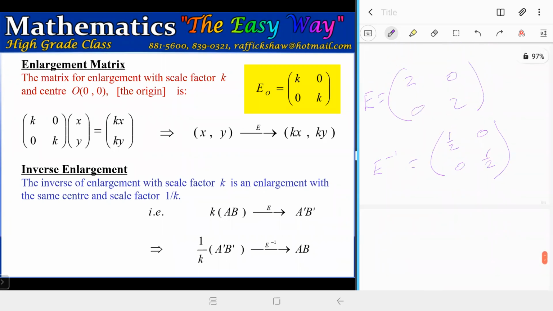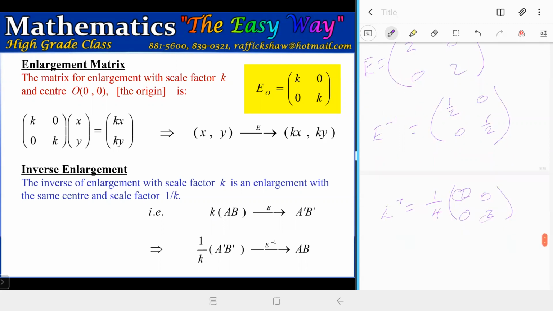Let's try it. This times this minus this times this gives 4. So the inverse will be 1 over the determinant, which is 4, times the adjoint. Interchange these two, so you still have 2, 2. Leave the other two where they are, change the sign; both are 0, so you get 0, 0.